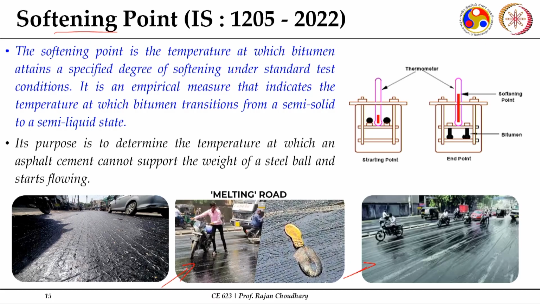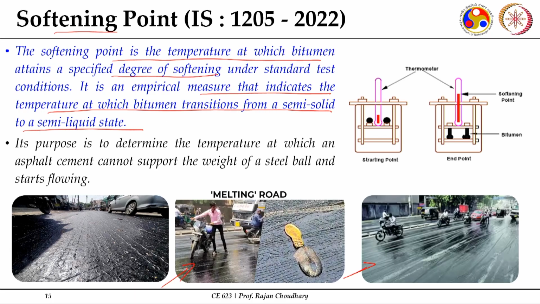What it does, the softening point is the temperature at which the binder attains a particular degree of softening under standard test conditions. So, we are going to determine the temperature where a particular degree of softening is achieved, and it is an empirical measure that indicates the temperature at which bitumen transits from a semi solid to semi liquid state.